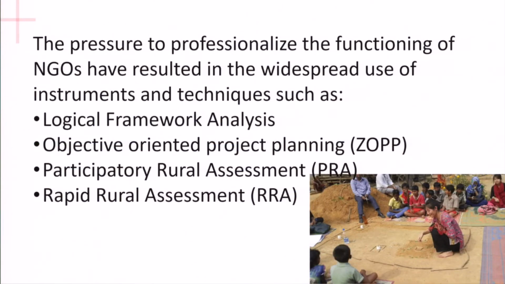The pressure to professionalize the functioning of the NGO have resulted in widespread use of instruments and techniques such as logical framework analysis, object oriented project planning, which is commonly known as ZOPP, participatory rural assessment, which is called as the PRA, the rapid rural assessment called as the RRA.